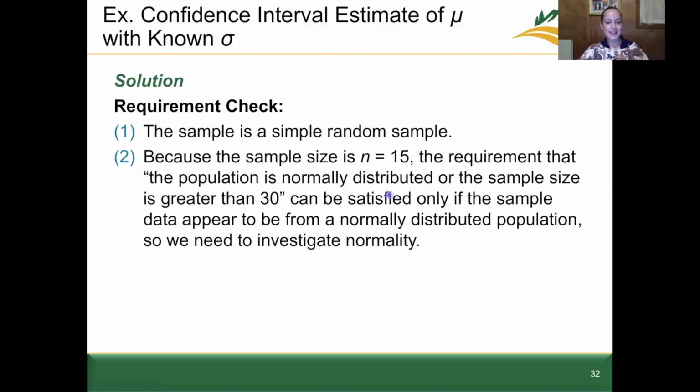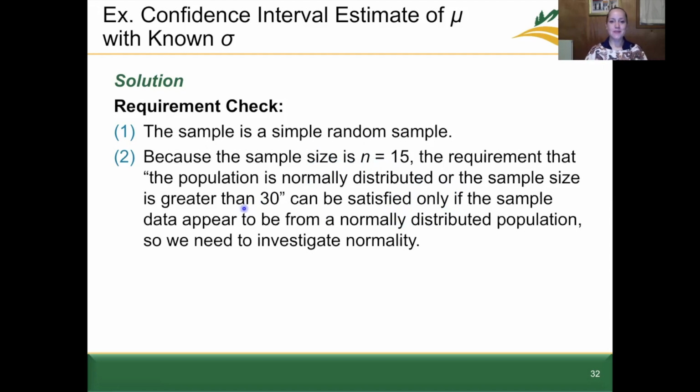What we can say is that n equal to 15, well, that's definitely less than 30. So in order to continue on with this question, we need to ensure that this is from a normally distributed population. Because on the other hand, we can't make n equal 15 suddenly become n greater than 30.